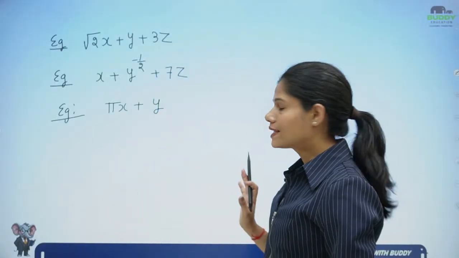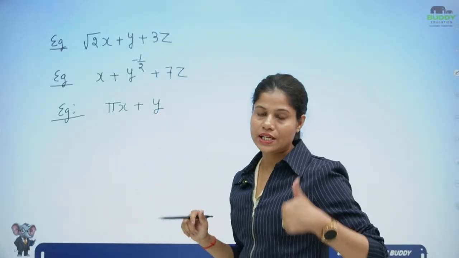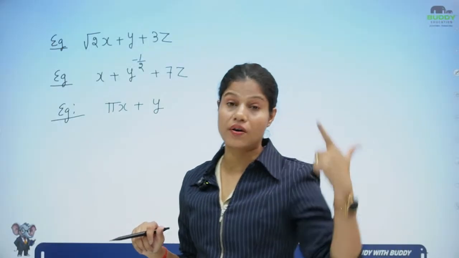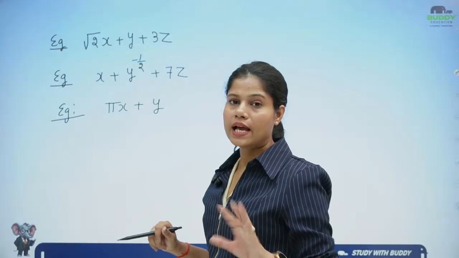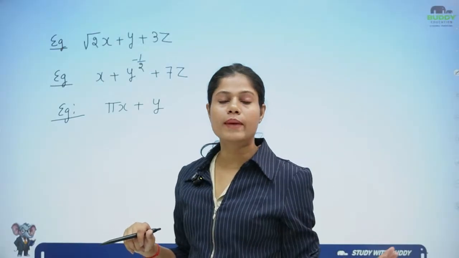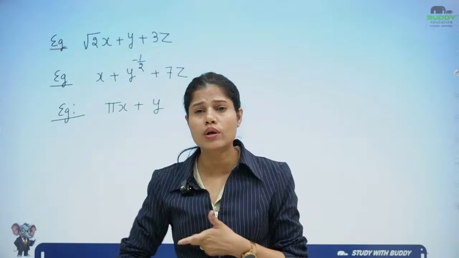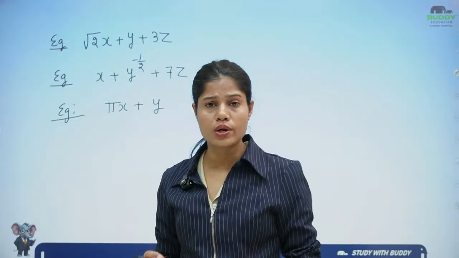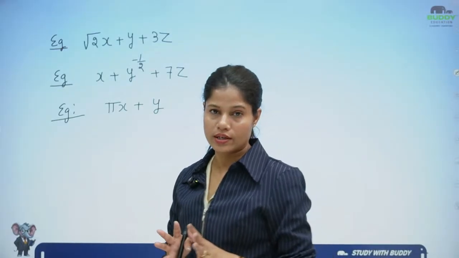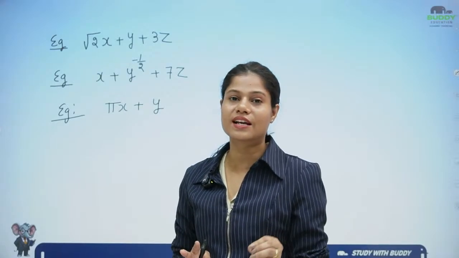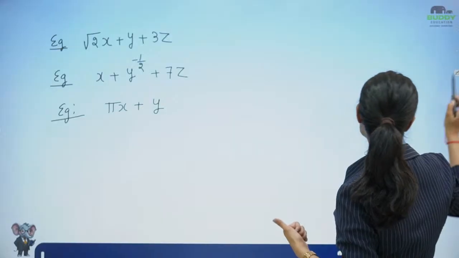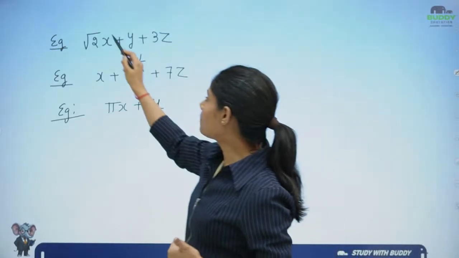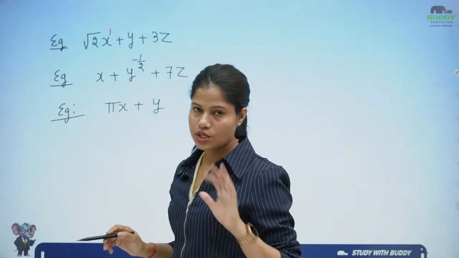So let's check the first one. The condition is we have to check the powers of the variable. For the numbers, it does not matter whether the power is whole or not a whole number, whether it is negative or not. We have to only concentrate on the variable part. So for the first example, the power of x is 1 here, so it is good to go.